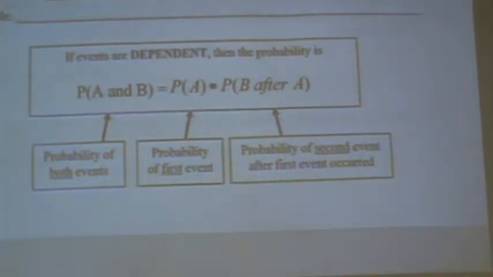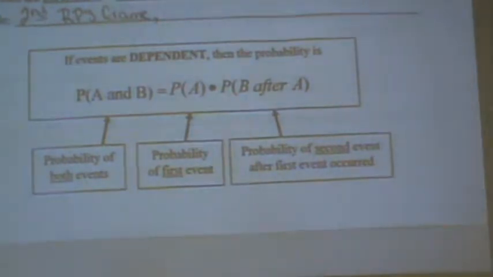An example of this would be our second rock, paper, scissors game, where we can play rock, paper, scissors for the first time, for our first play, but then our second one, we only had two choices that we could make because we couldn't pick whichever one we had picked for the first turn.